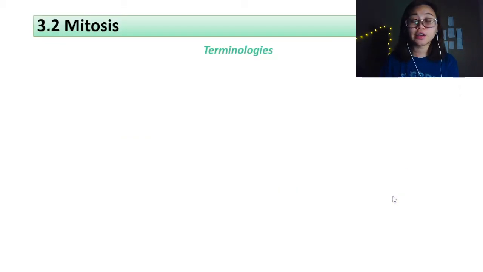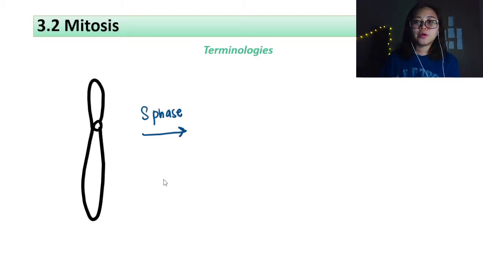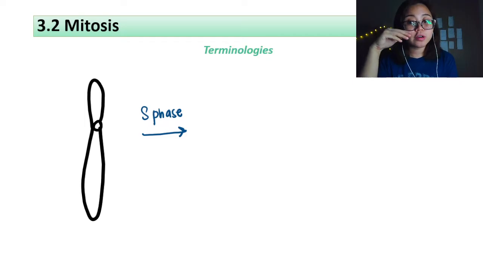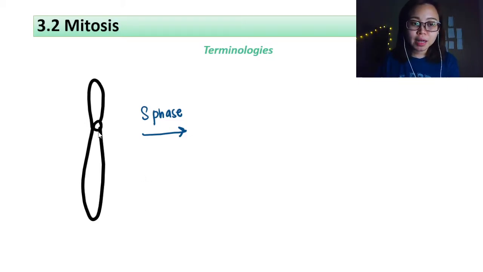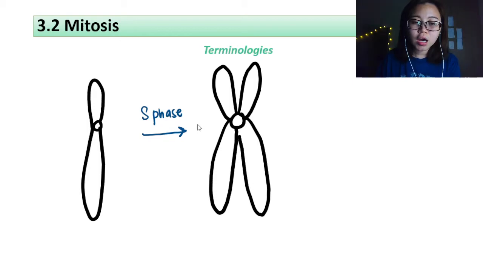Okay, alright, a few other terminologies. I hope this will help your understanding. First of all, this structure I draw over here, this is a chromosome. During interphase, when it enters S-phase, DNA replicates, right? The DNA will double. So when it doubles, the chromosome goes from this to twice as much, and it will look like this. The genetic information here is the same as the original.